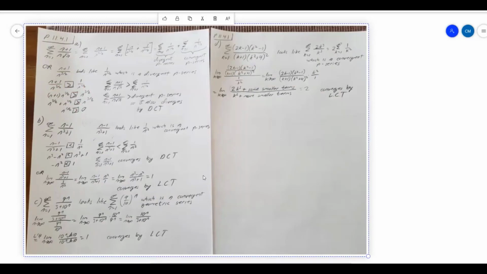I also think that third one works by direct comparison, because the plus three in the denominator makes it smaller. Being smaller than a convergent series means convergent. So part C could have been done by direct comparison also. And I think even part D, if you look at all the terms that you get there, you did that by limit also, but that one can also be done by direct comparison. But anyway, either way is fine.